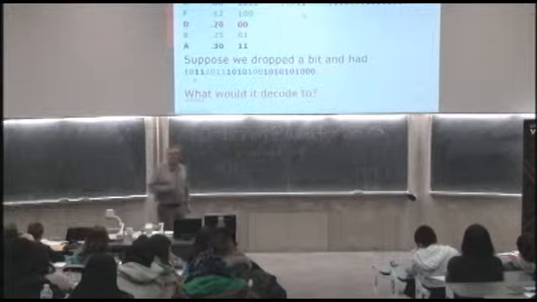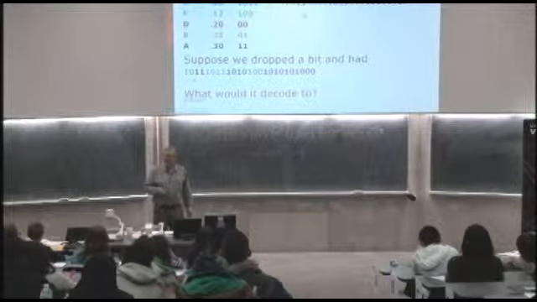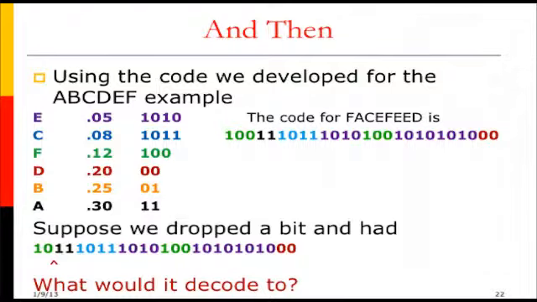Now, something curious happened here when I lost that one bit. Rather than having 100, which would be an F, and a 11, which would have been an A, I coded that and had a 1011.